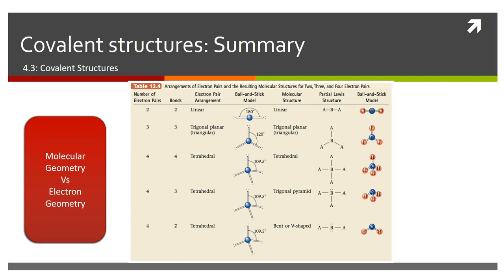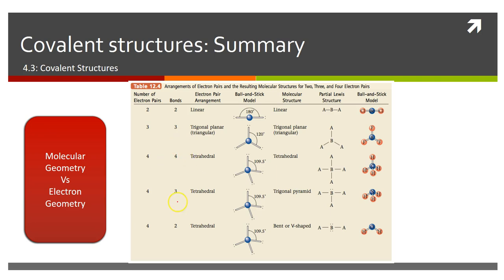Okay, so we will again be looking at our linear, trigonal planar, tetrahedral, trigonal pyramidal, and bent or V-shaped. Now these are all the ones that we need to know for standard level. Okay, and if we have a look at these, this is just reminding us that we have 2 bonds, 3 bonds, so 3 bonding pairs, 4 bonding pairs.